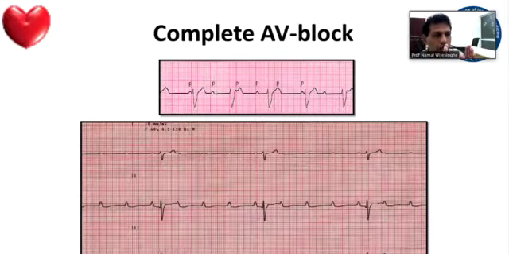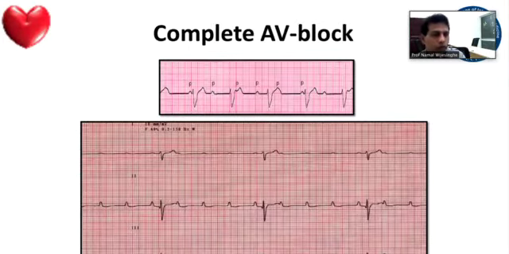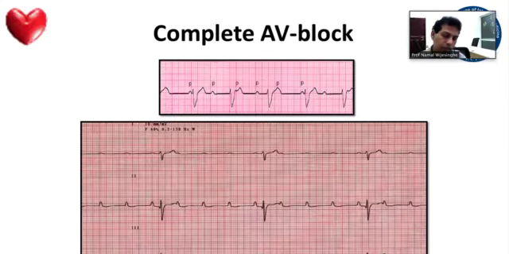And the QRS complexes are independent, but they also follow the same distance. Now if you feel the pulse in a complete AV block patient, you will feel that the patient has bradycardia, that's a very slow heart rate, but the heart rate is regular.